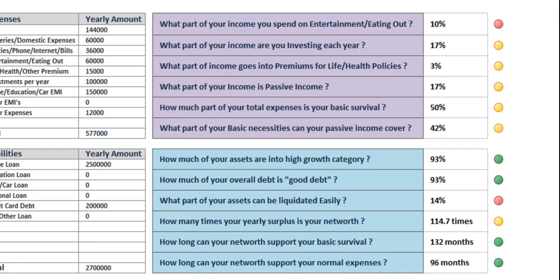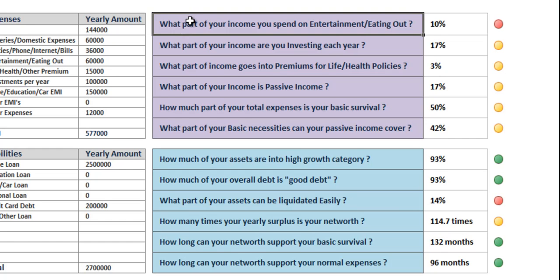My total assets are 53 lakh 40,000 and my total liabilities are 27 lakh rupees. So my net worth is 26 lakh and my yearly surplus is 23,000 rupees. I save only 23,000 rupees on a yearly basis. This is very high level data. And out of this, if you want to make some insights, what are these?